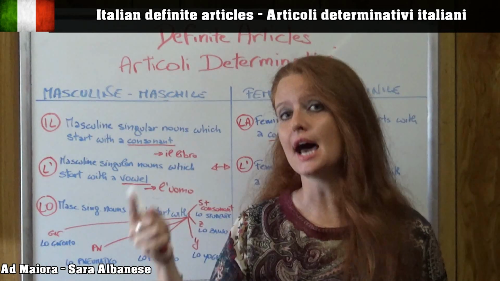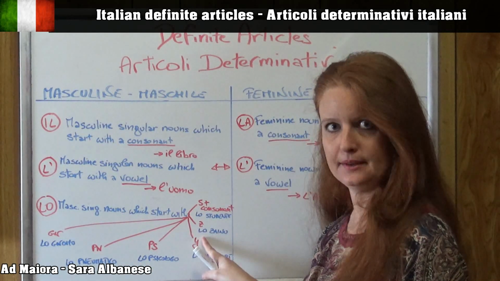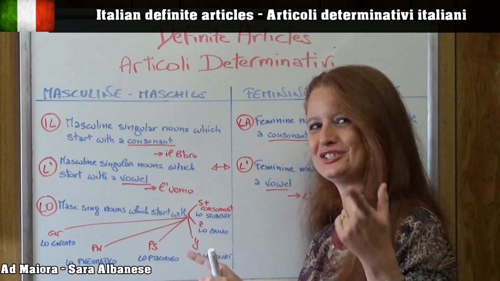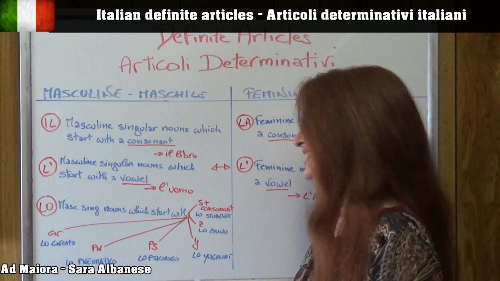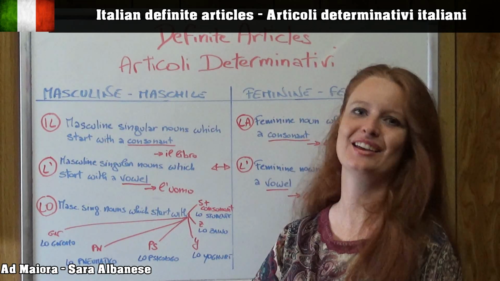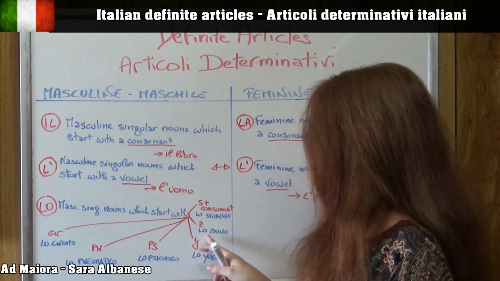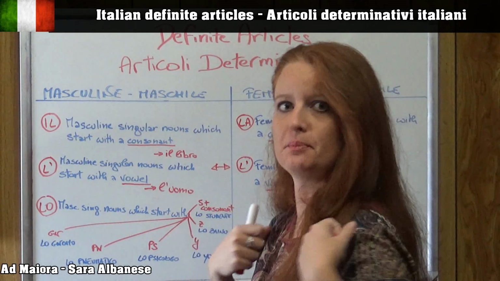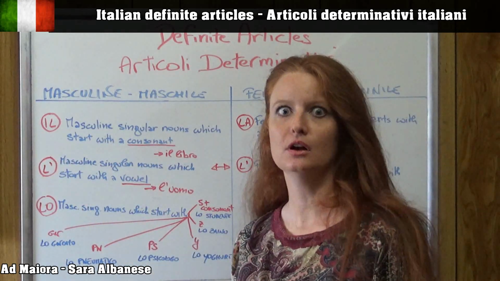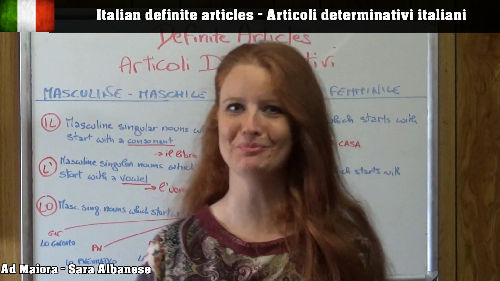Second possibility when we use lo: when the noun starts with a zeta. Zeta is the Italian word to spell that letter. Do you remember my lesson about the alphabet? In English it's Z or Z, whether you're British or American, zeta in Italian. For example, zaino, the backpack. I will not say il zaino, that's an awful mistake that some Italian people sometimes make.